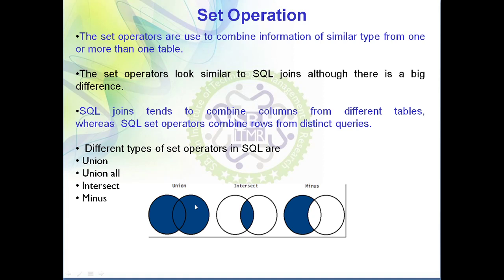In case of union, you observe that it returns data which is present in the first table, the second table, as well as the data which is common in both tables. The intersect operator returns data which is common between the two tables, whereas the minus operator returns data which is only present in the first table but not present in the second table. One by one we'll discuss all these operators.